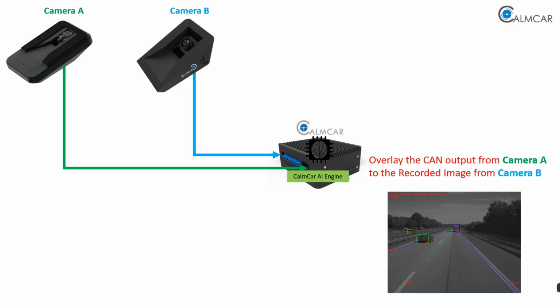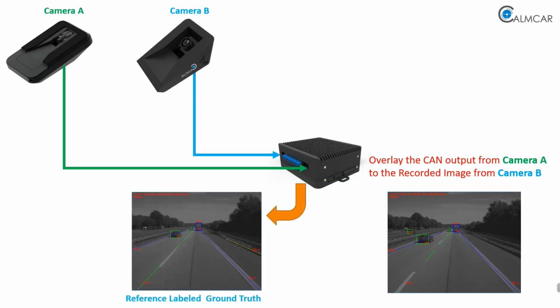The raw image data will be automatically annotated, followed by manual adjustment to reach its highest accuracy level. This version can be called the reference labeled ground truth. The KPI calculation is based on the comparison of camera A's performance against these reference results.